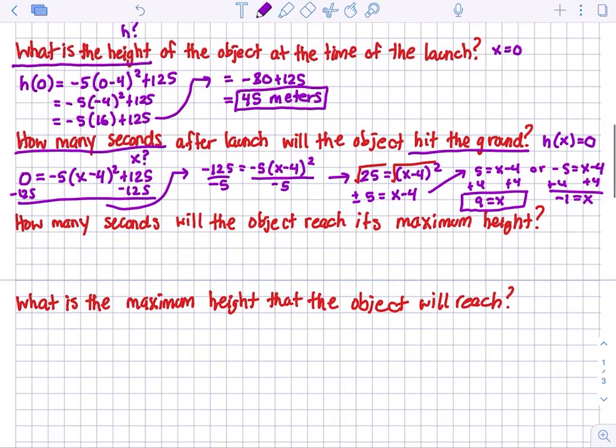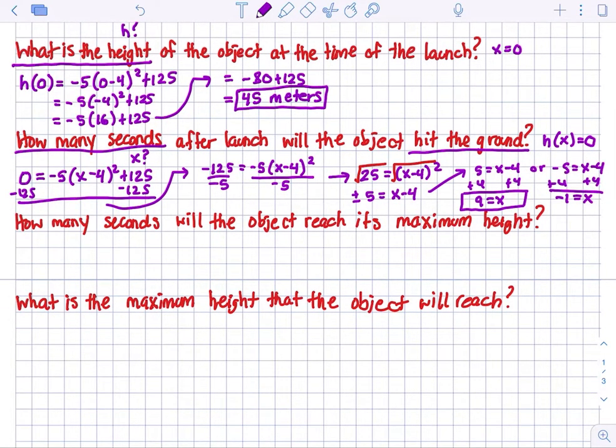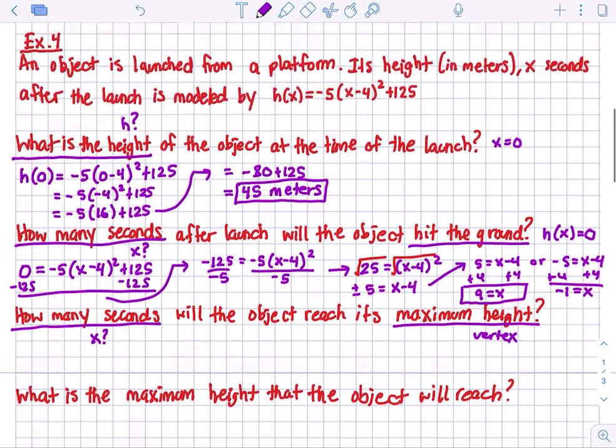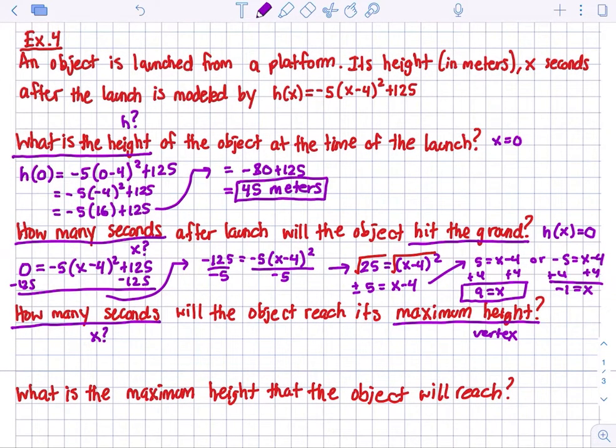Okay, next problem. How many seconds? Right, they're asking for the x value again. Will the object reach its maximum height? Anytime they mention maximum height, you should automatically be thinking about your vertex. So what's the seconds at your vertex? Let's find our vertex. Remember, this is in vertex form.